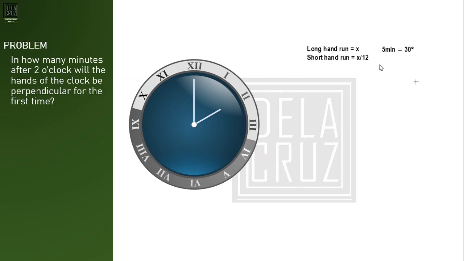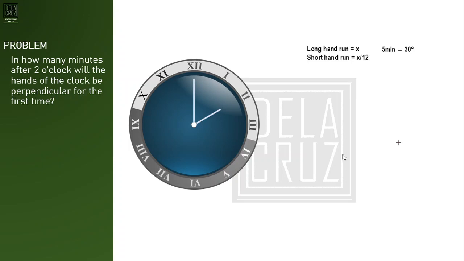That means we can denote the short hand run as x over 12. And take note that 5 minutes on the clock is equivalent to 30 degrees. Okay, so ito yung mga basic natin na dapat malaman before we start to solve clock problems.